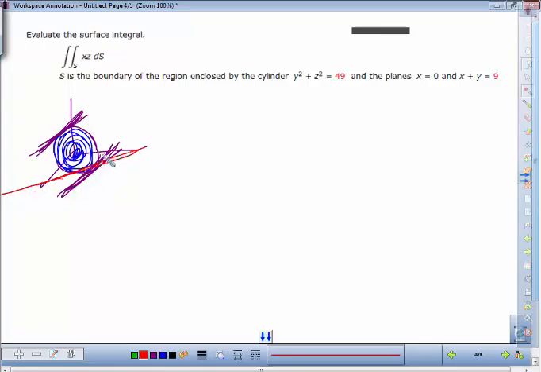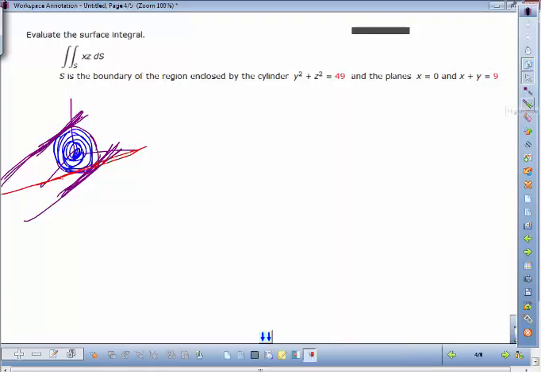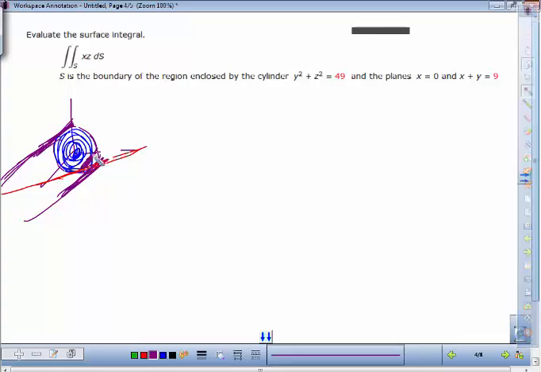Let's see if you can get your visualization on. If you imagine the cylinder that goes on forever in both directions, I've already cut it at 0 in the back. So let me erase this part. It's going to go forward a little bit, and then there's going to be a plane that cuts it.